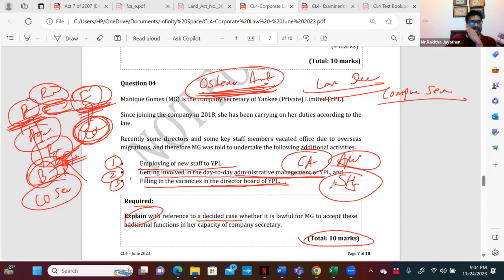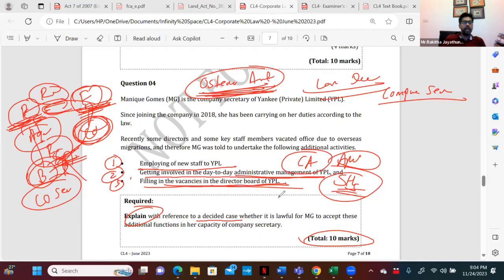So it is expressly stated in the Companies Act that the power of appointing directors is only with the shareholders of the company. The company secretary has not been given that power. The Companies Act is very clear. It has given that power expressly to the shareholders of the company, that is to appoint directors. The secretary does not have either express or ostensible authority to appoint directors.